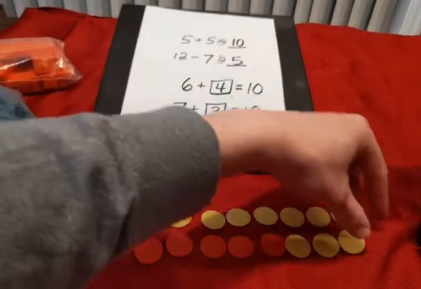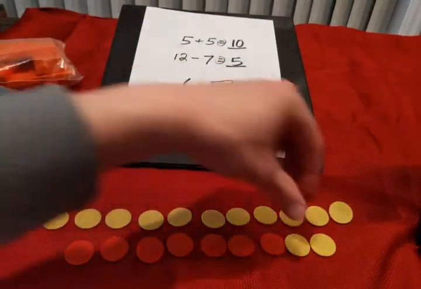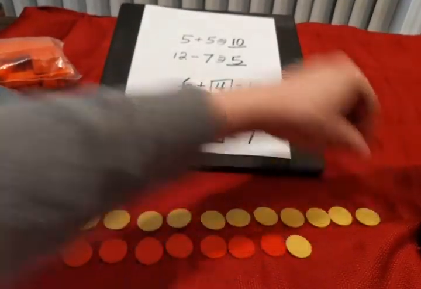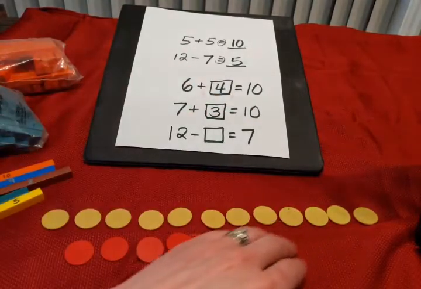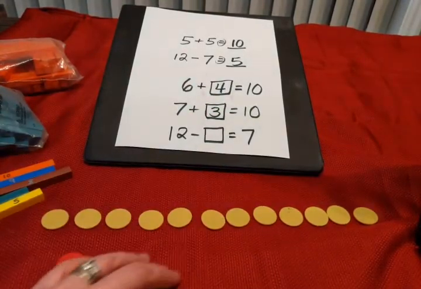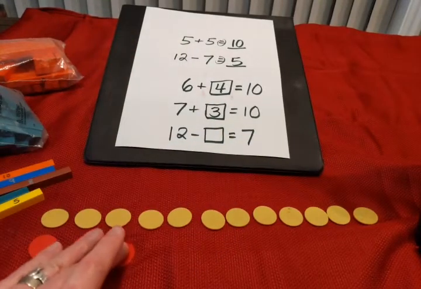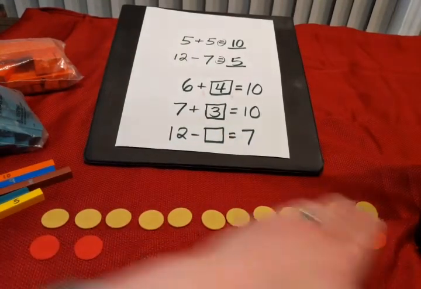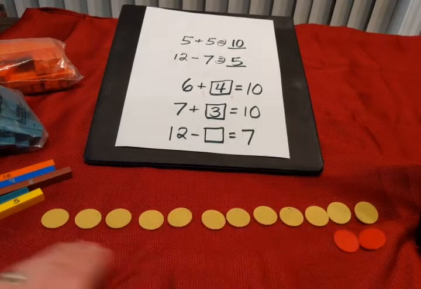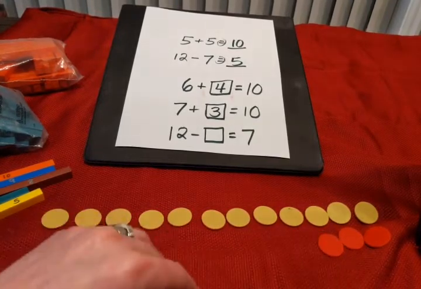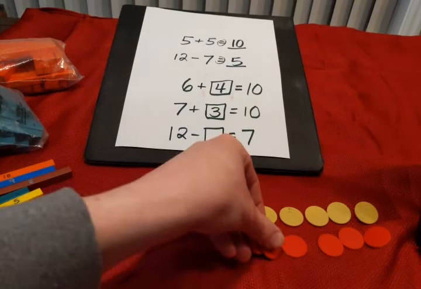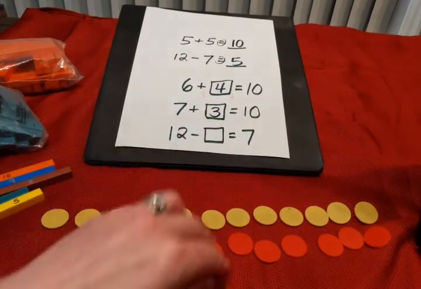So we know we got 10 at the top. So let's take 2 of these and put these up here. So now we've got 12. Whew, that's a long line. All right, so 12, and what's my number? 7. So I'm going to put my 7, 1, 2, 3, 4, 5, 6, 7.